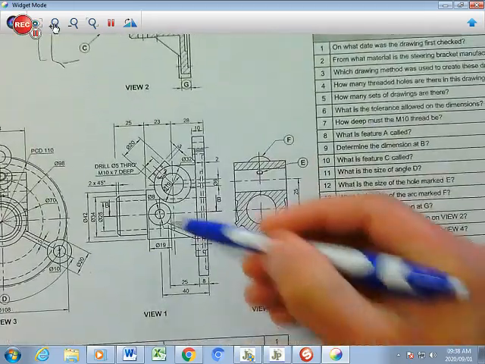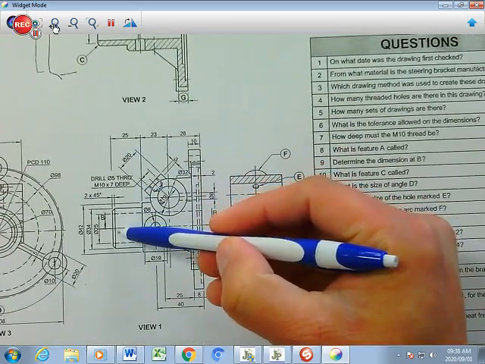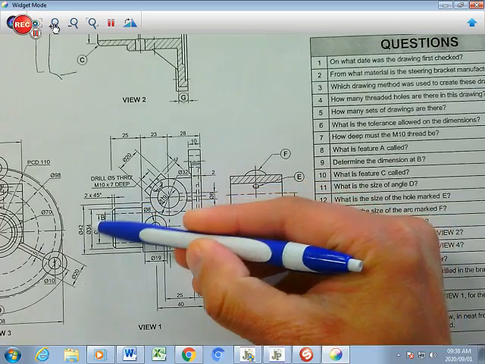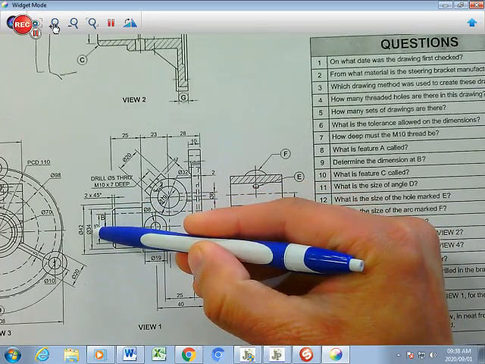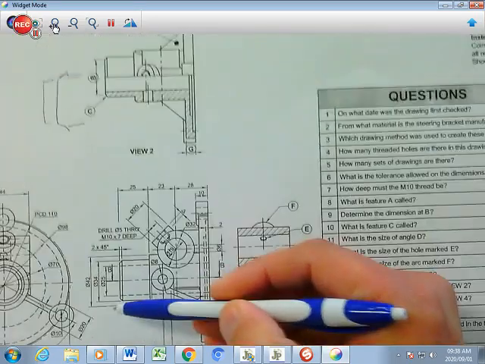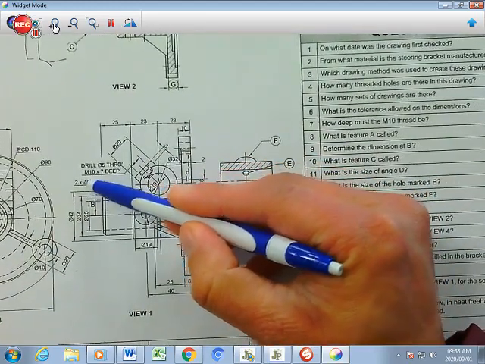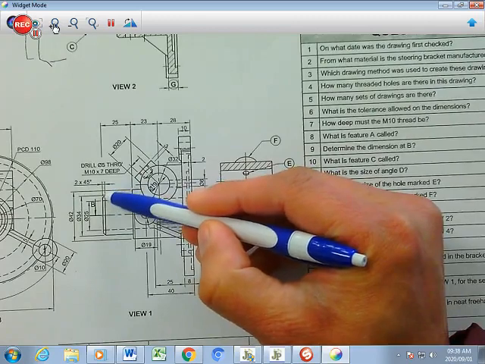If you go down here, you're going to find that view, but they give you the outside here. That outside there is 34. But very importantly, they also speak about a 2 millimeter at 45, so it goes in 2 millimeters.